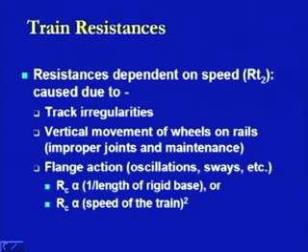The resistance offered due to this action is inversely proportional to the length of the rigid base, and proportional to the square of the speed of the train. So if the speed of the train is very high, this action may create derailments or overturning of the vehicles if not properly contained.